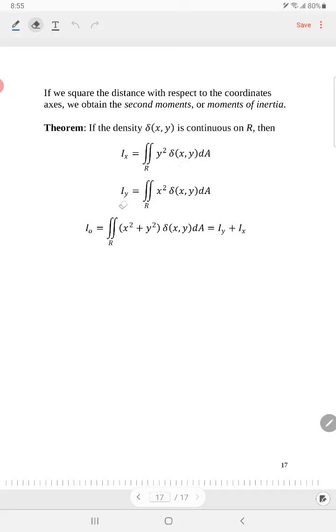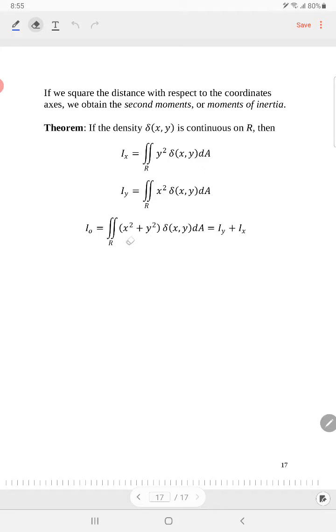Another term that you need to know is the moment of inertia with respect to the y-axis. We have Iy. The integrand now is x squared times density, integrated over region R. And another term is the moment of inertia with respect to the origin, Io.